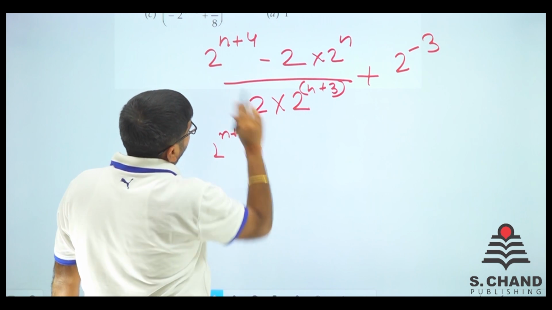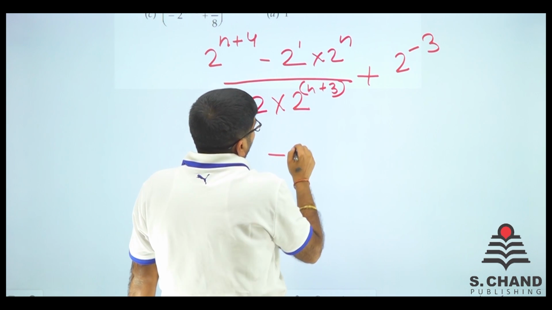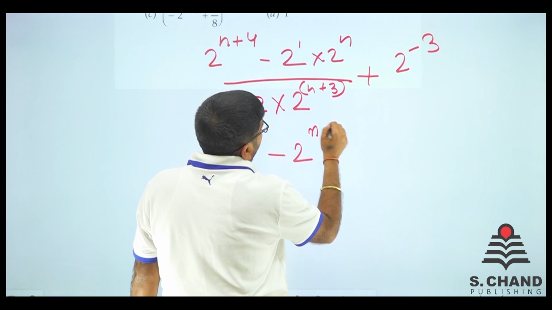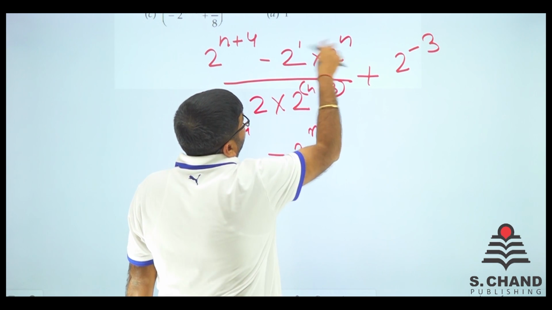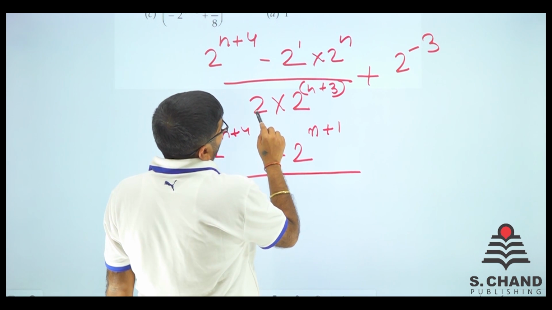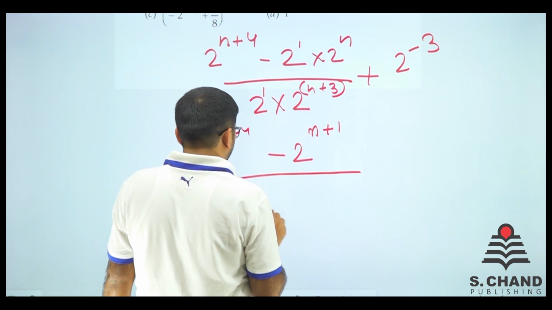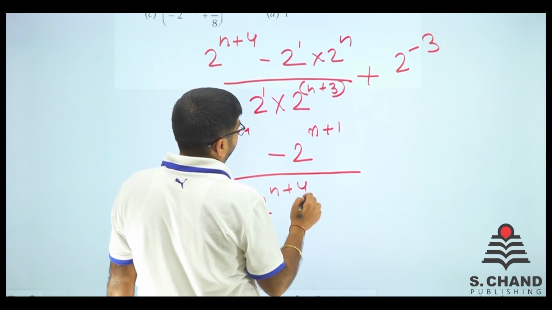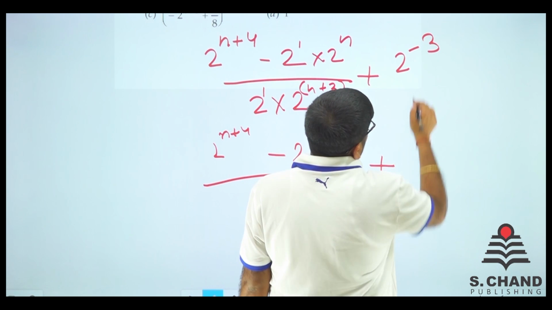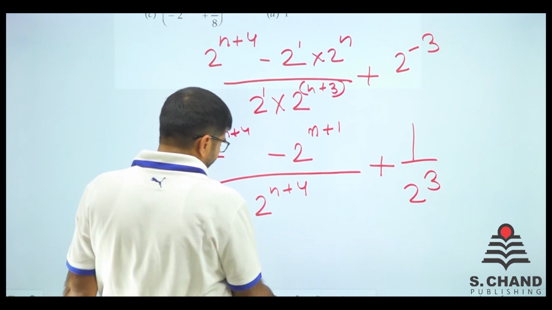We don't do anything with that. 2 raised to power 1 into 2 raised to power n, so I can write 2 raised to n plus 1, because if the bases are the same, just add the powers. Similarly, 2 raised to power 1 and 2 raised to power n plus 3 becomes 2 raised to power n plus 4. And 2 raised to power minus 3 will be like 1 upon 2 cube, that is 1 upon 8.